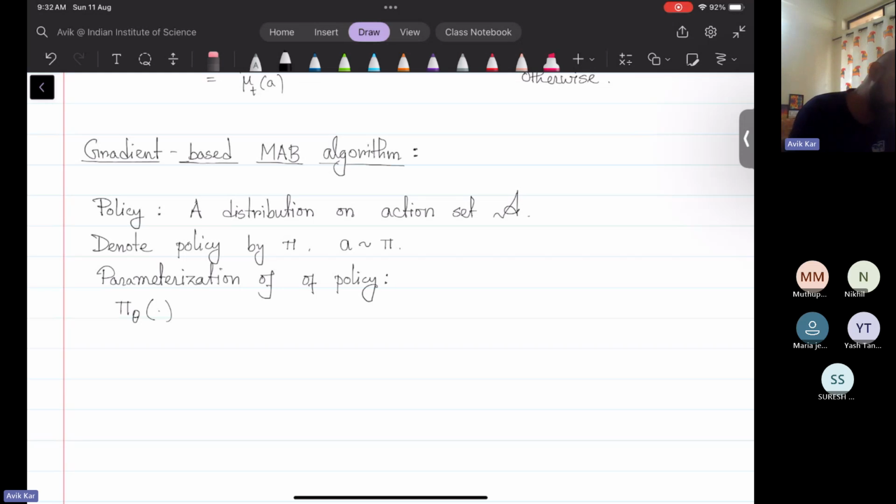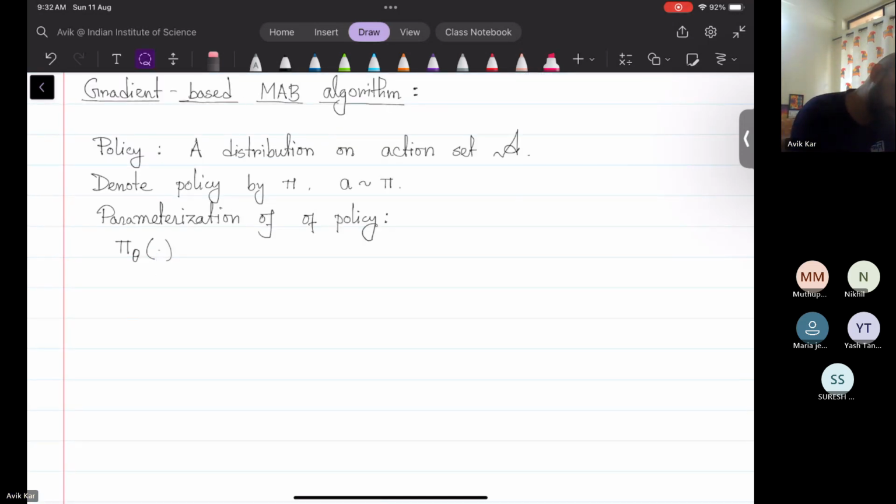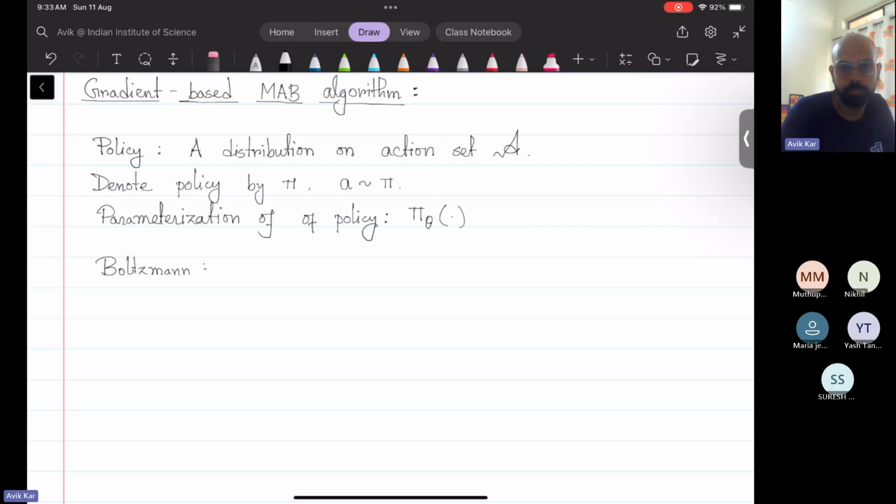One example of such parameterization I'm giving now is called Boltzmann parameterization. I think it's a double N, I'm not sure.